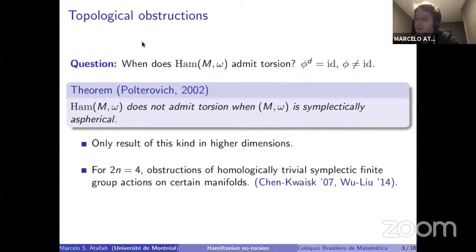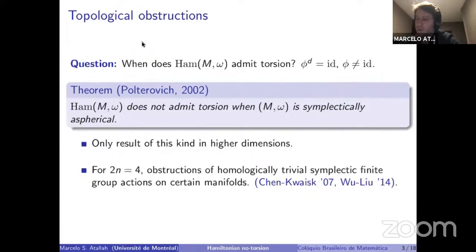In 2002, there's this famous theorem by Polterovich, who showed that when the symplectic manifold is symplectically aspherical, the group of Hamiltonian diffeomorphisms does not admit torsion. And by symplectically aspherical, I just mean that the cohomology class of the symplectic form vanishes on the spherical classes.